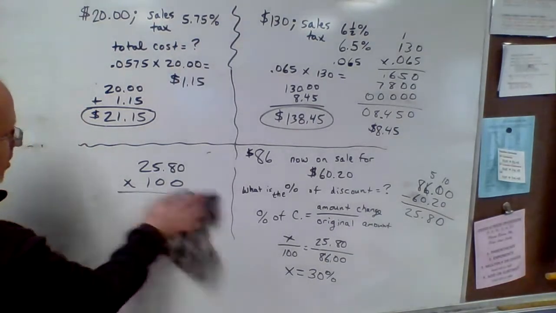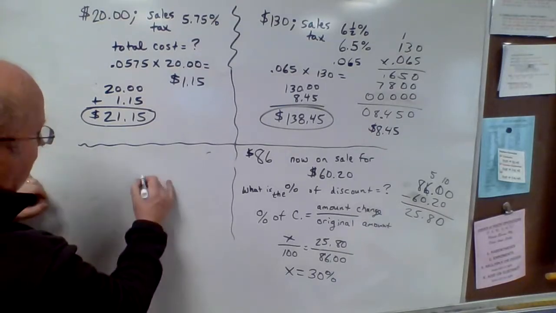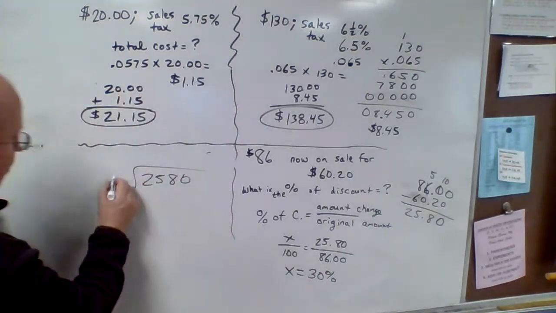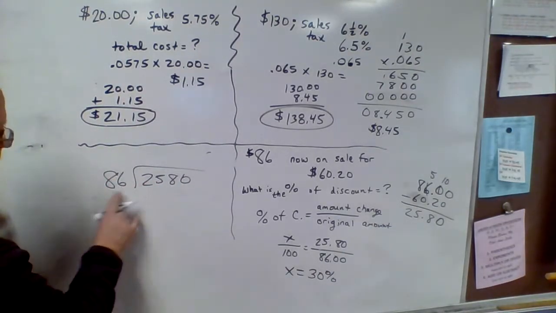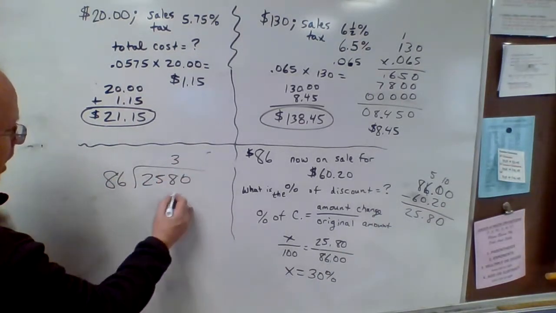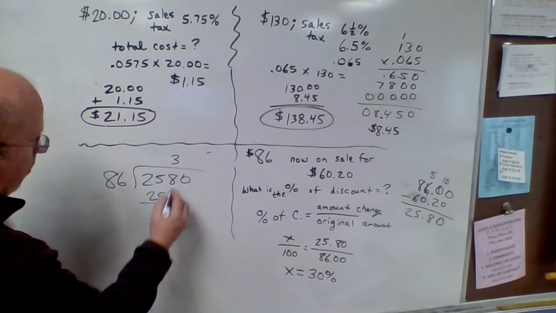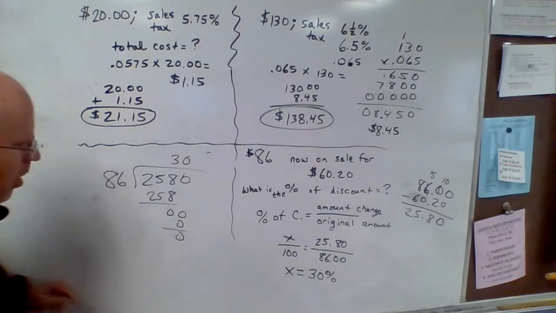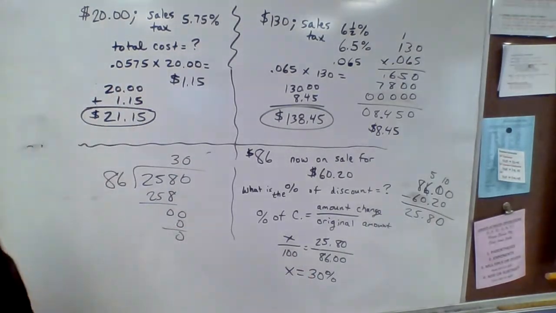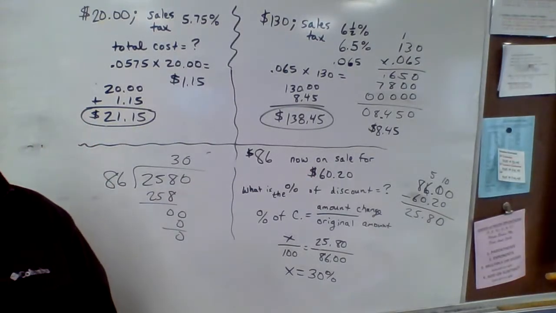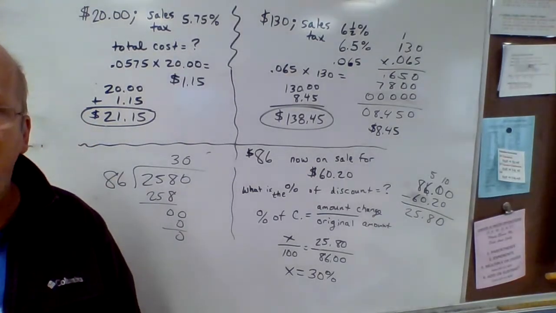We're going to take that 2,580 and divide it by the remaining number of 86. 86 goes into this 3 times, and it's exactly 3 times. That's why x is 30%. In this case, we had a percent of discount of 30%.